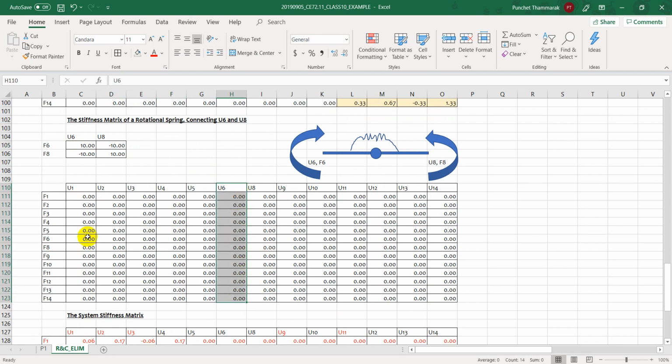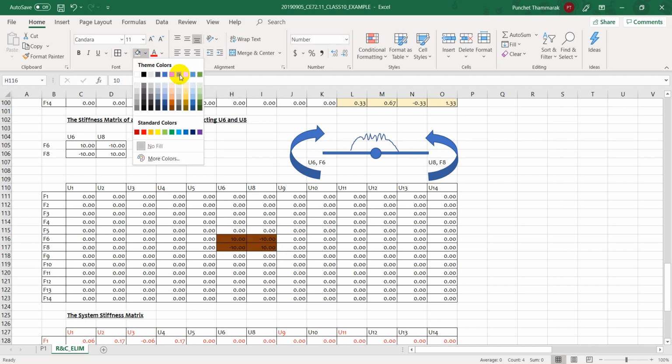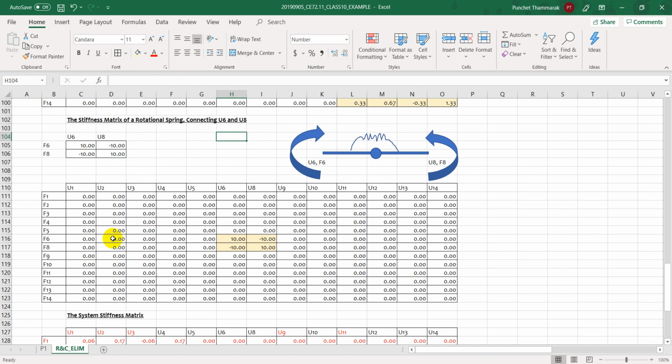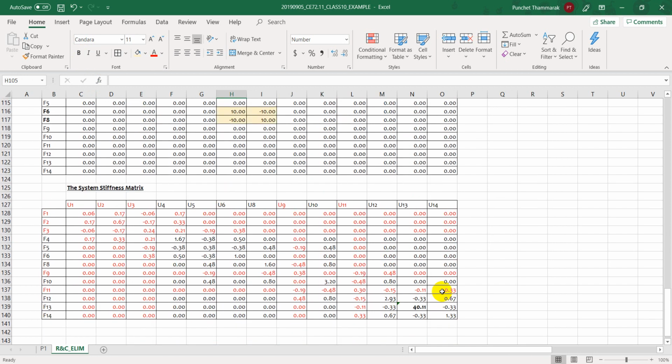U6 and F6 in like this, minus 10, minus 10, and 10. Okay, easy to see. And then I just add this in over here.